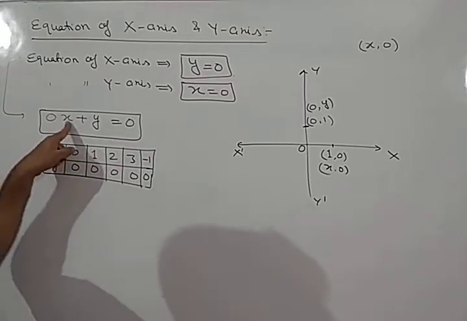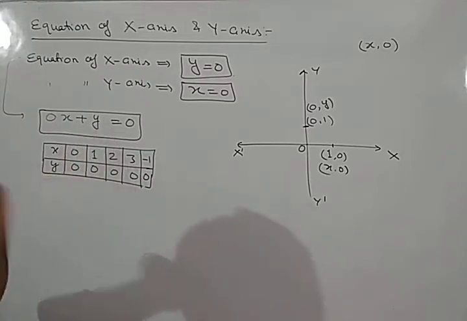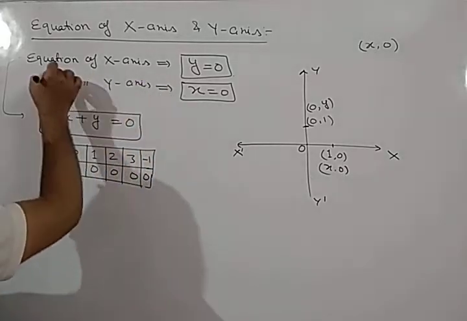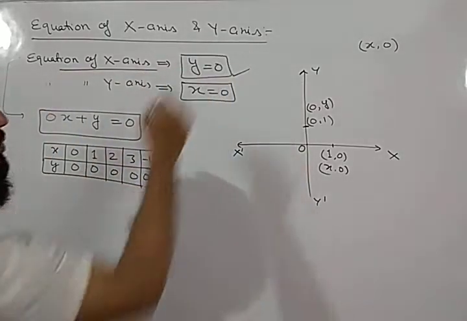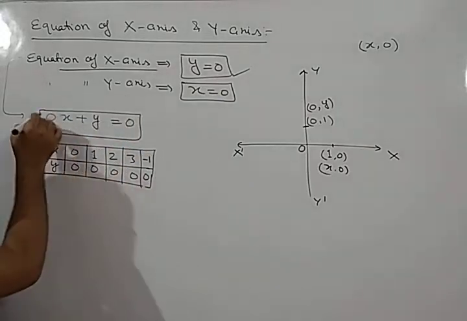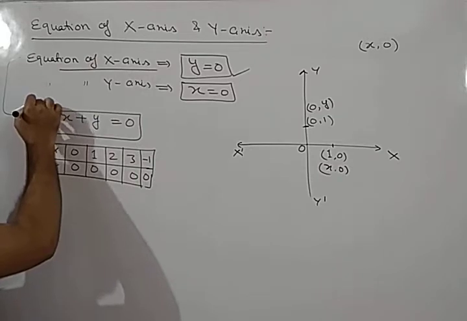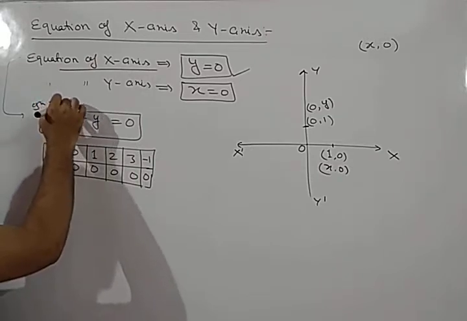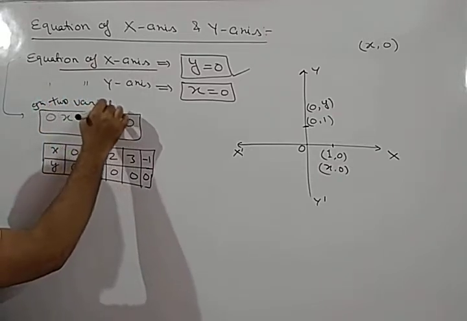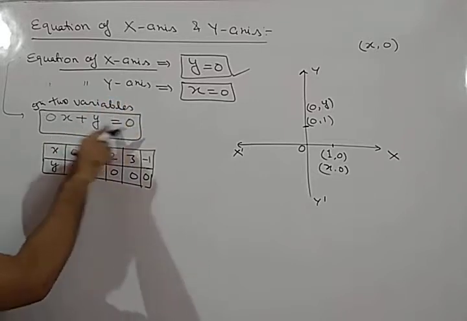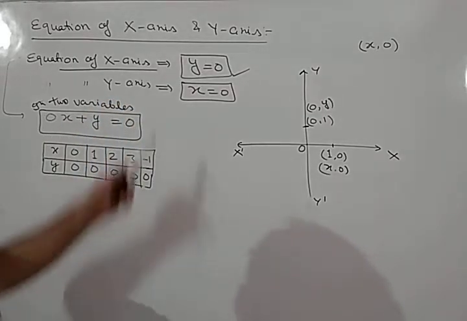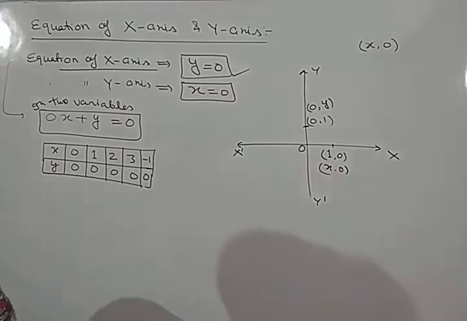For every value of x, y is always 0. That's why we have written the equation of x-axis as y equal to 0. If we write the equation of x-axis in two variables, it will be 0x plus y equal to 0, but simply we can write it as y equal to 0.